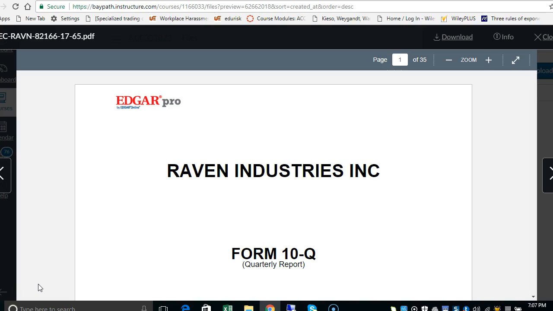Auditors are very much involved in auditing this 10Q as it helps them prepare for the annual audit. The 10Q report basically ends up in the annual report as well.